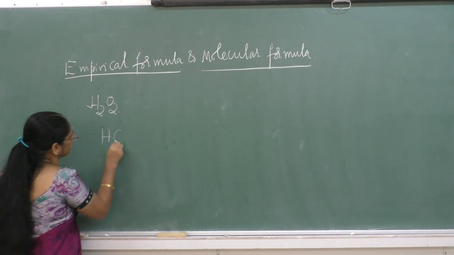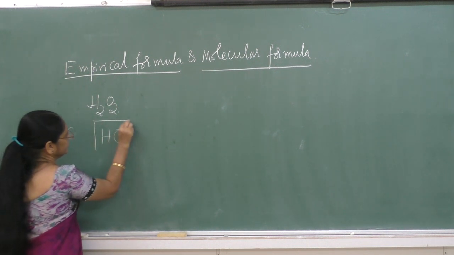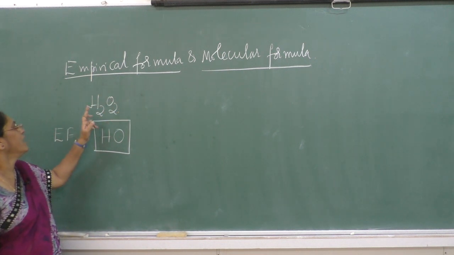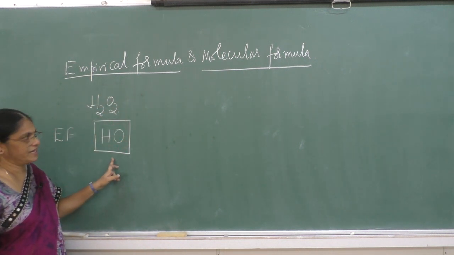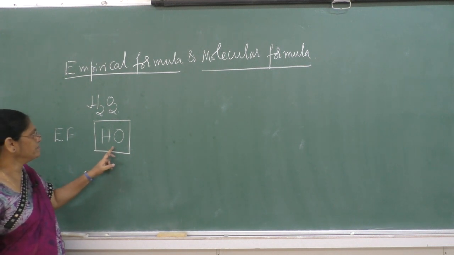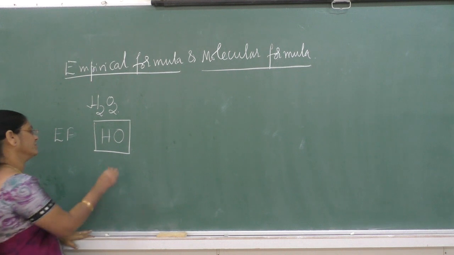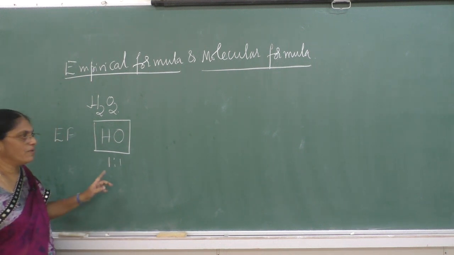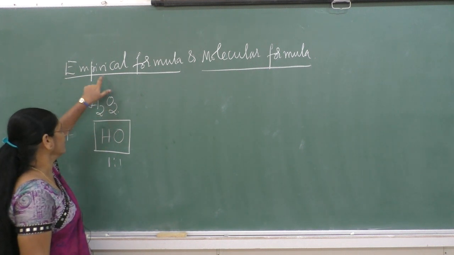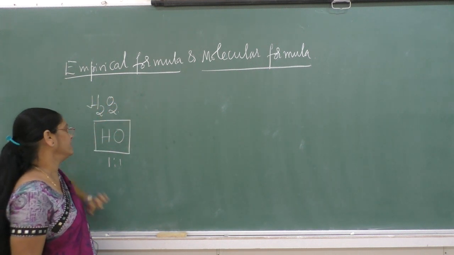Then this becomes HO. HO is the empirical formula of hydrogen peroxide. Therefore, this is the simplest whole number ratio. They are in the ratio 1:1. So this formula is known as empirical formula.